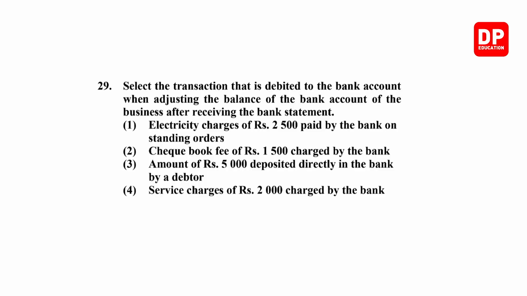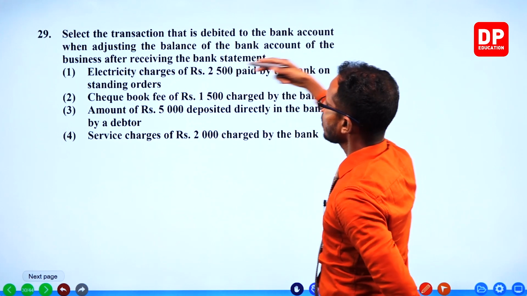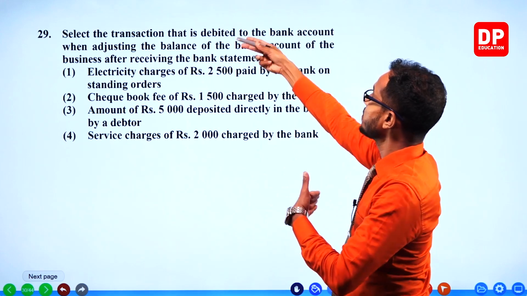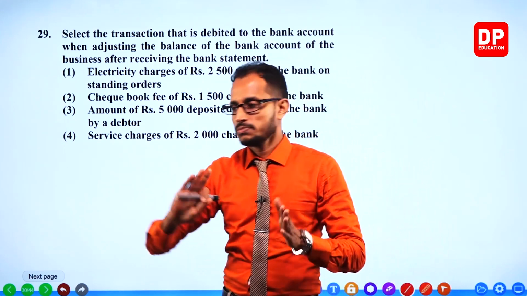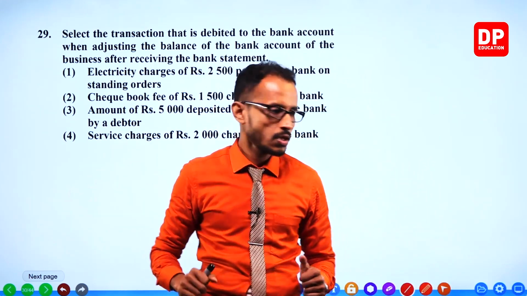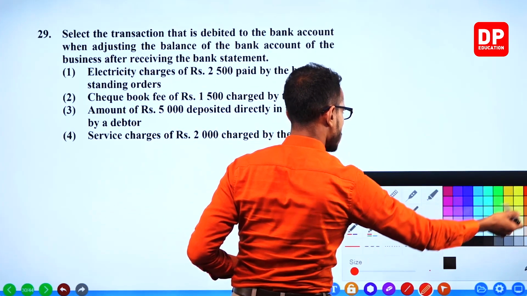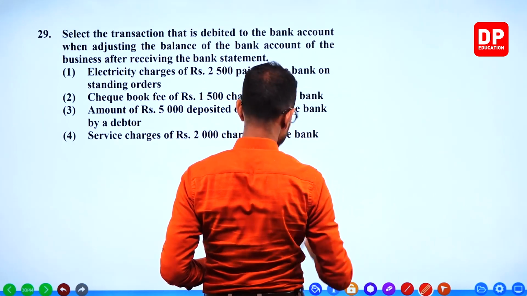29th. Select the transaction that is debited to the bank account when adjusting the balance of the bank account of the business after receiving the bank statement. Select the transaction that is debited to the bank account. Bank account, debited.